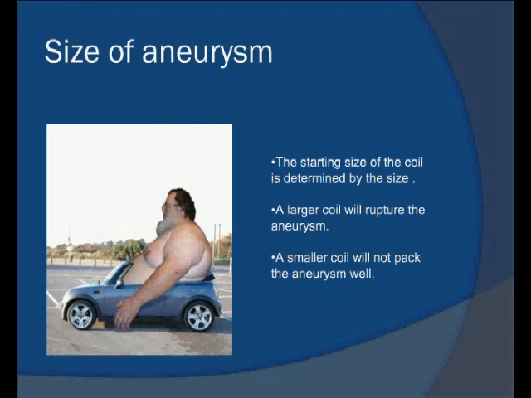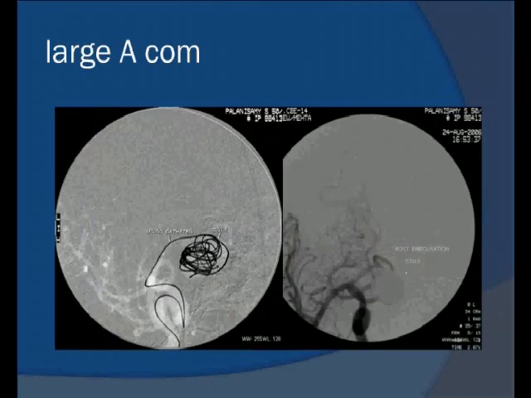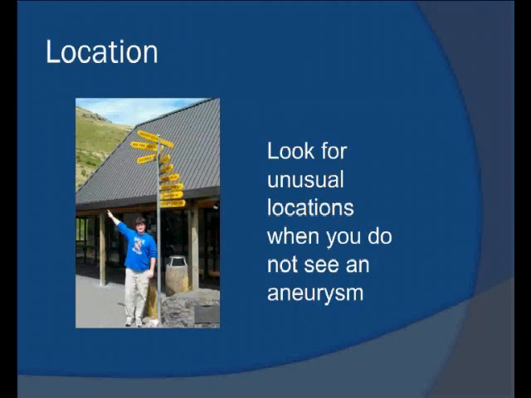And this again is possible by using a 3D angiogram or using a calibration technique which allows us to measure aneurysms. For example, here is an ACOM where the size is important, and we know the diameter. It was somewhere around 15 or 16 mm, and we know that the first diameter of the coil has to match this size.